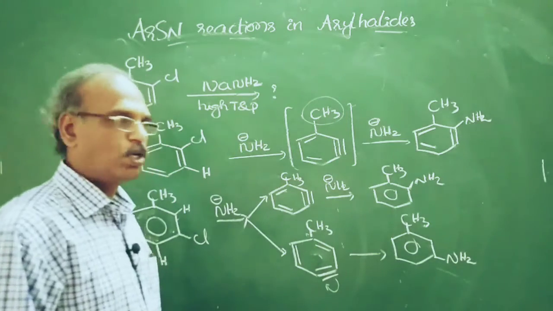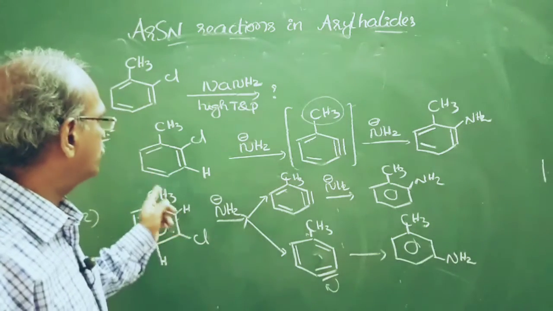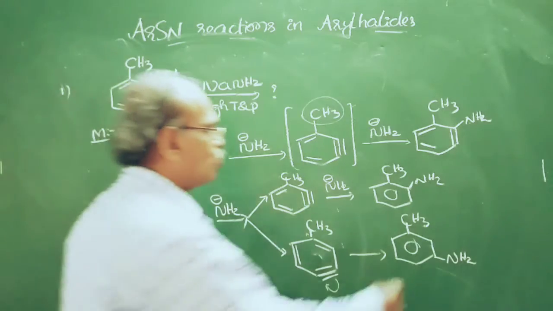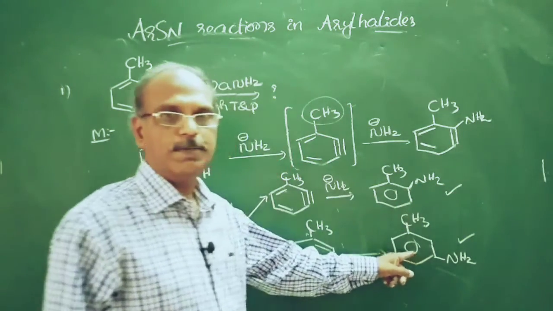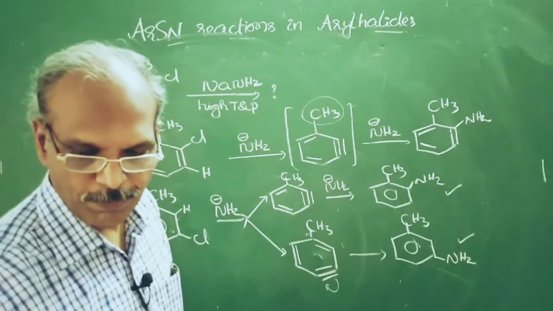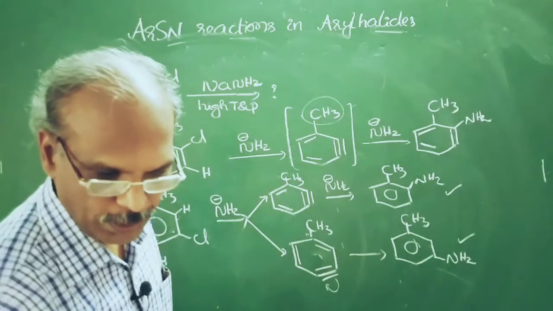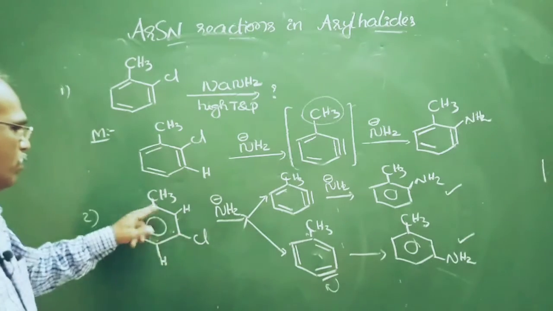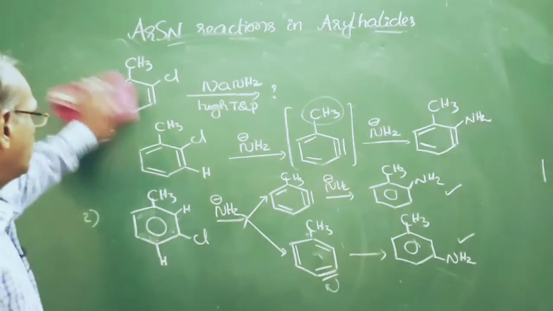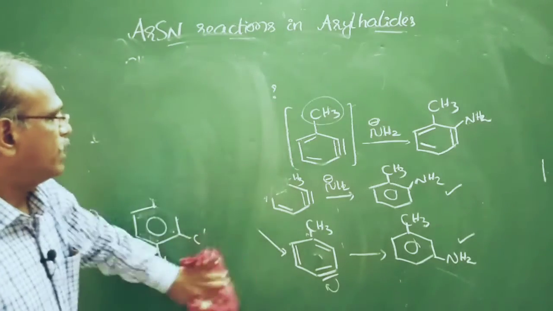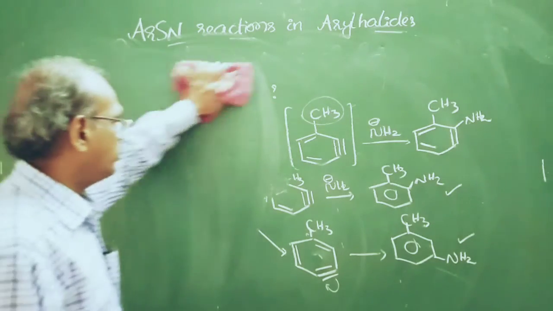This is about nucleophilic substitution in this. So two products are possible, the ortho product and the meta product. In the same way, you can work out for parachlorotoluene. Okay, this is about the benzyne mechanism.